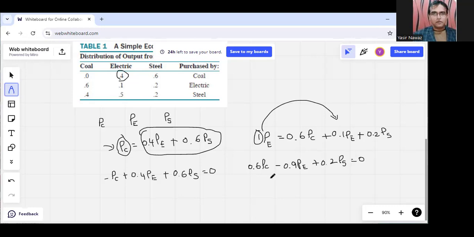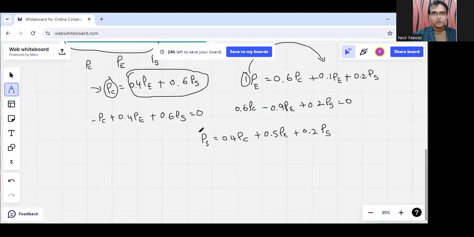Now the third equation is the output of the steel sector. It can be written as 0.4 of the coal plus 0.5 of the output of the electric sector, and then 0.2 of the output of the steel sector.